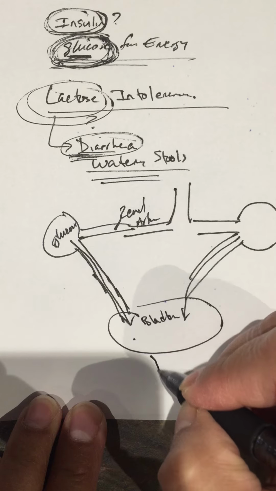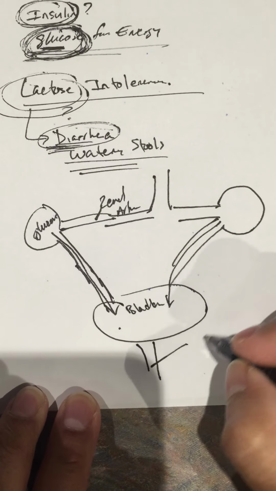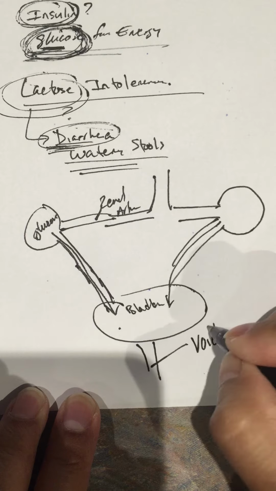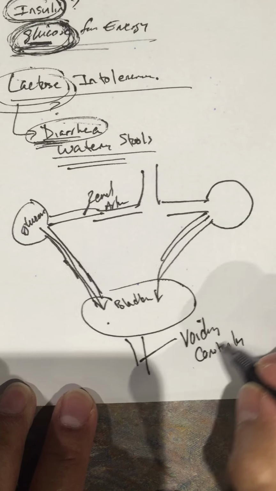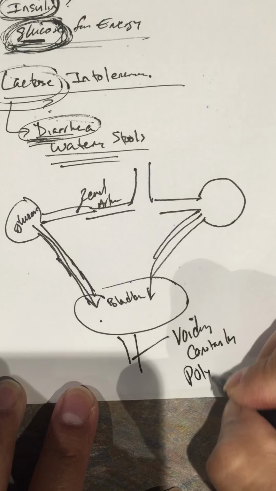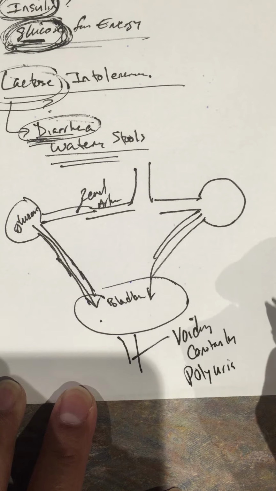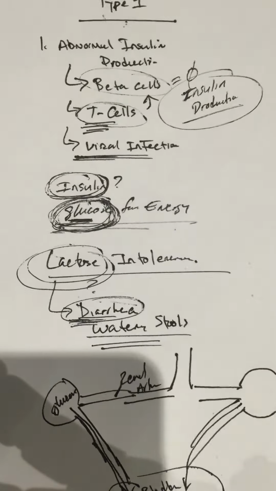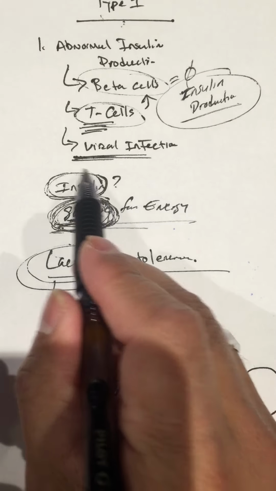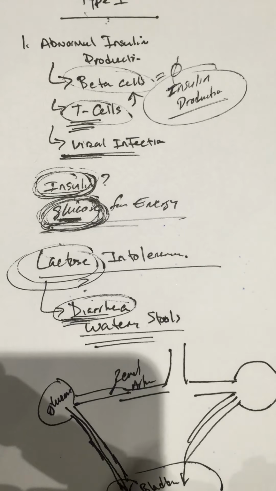What will end up happening is this patient will be voiding constantly, something called polyuria, and we'll get into this when we talk about signs and symptoms. They will have polyuria because their body cannot absorb glucose, since there is no insulin production. You must understand that.